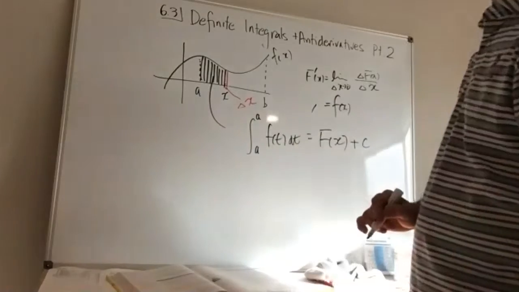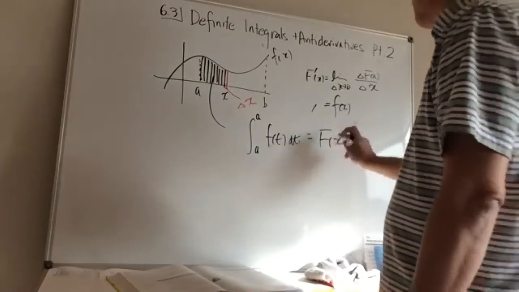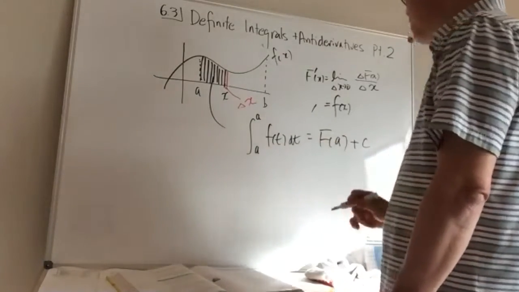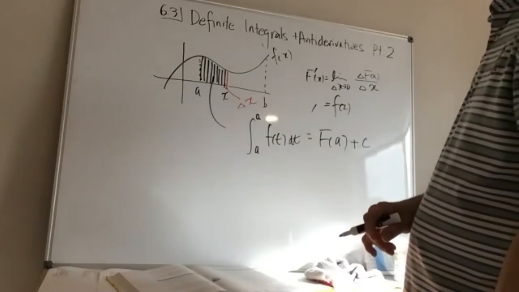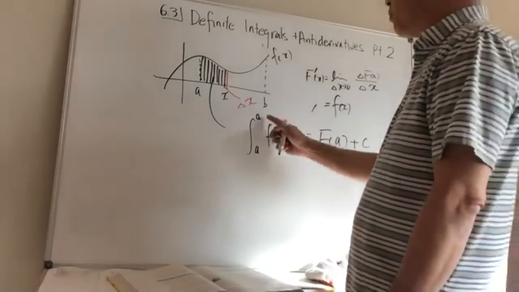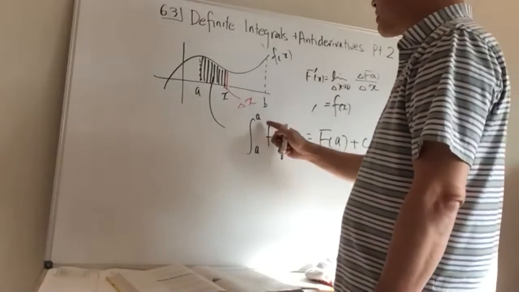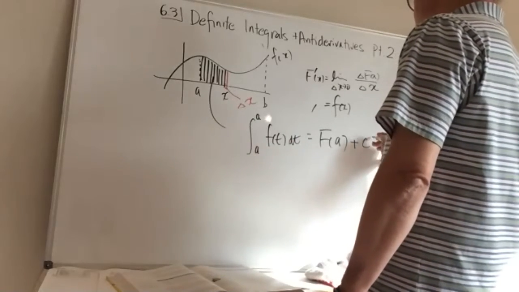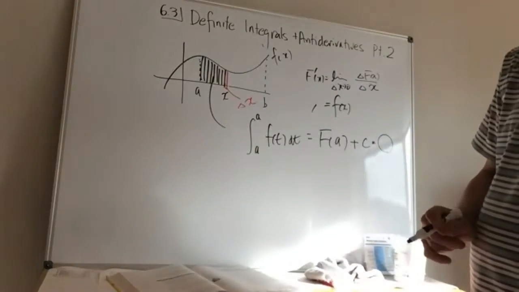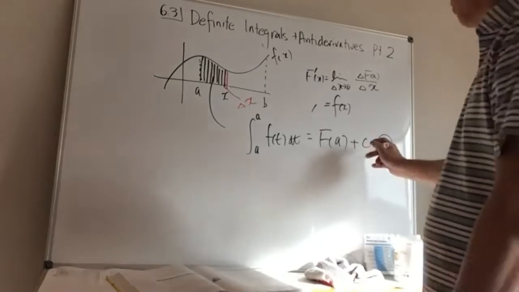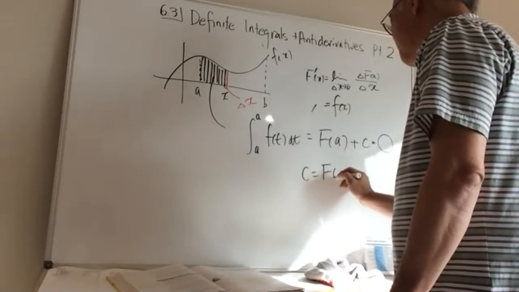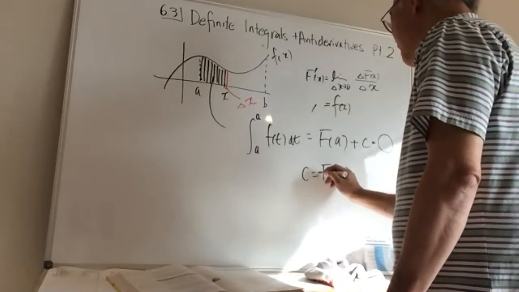If x equals a, then this guy becomes a, correct? Now I have a situation where we're going from a to a, so this guy actually becomes 0. Can you see that? So the C here is going to be equal to negative F of a.